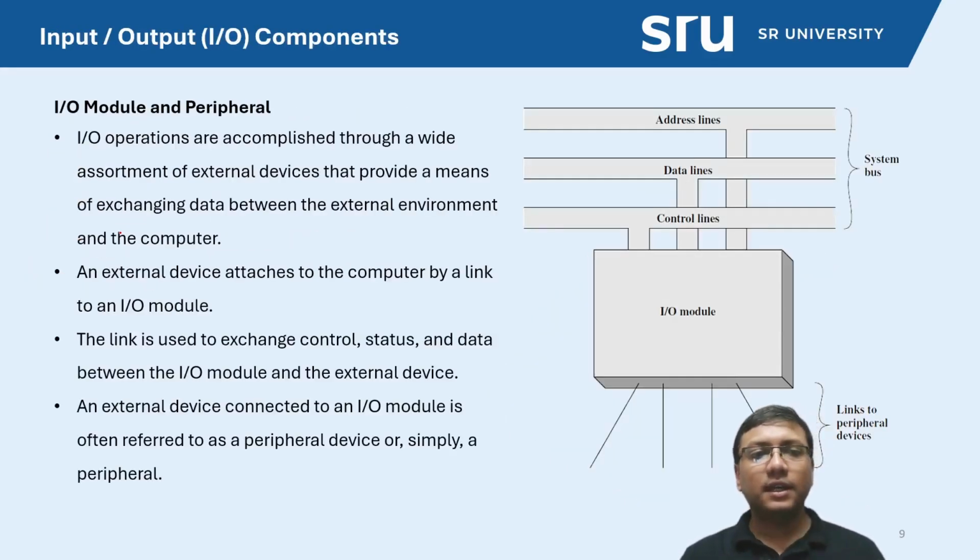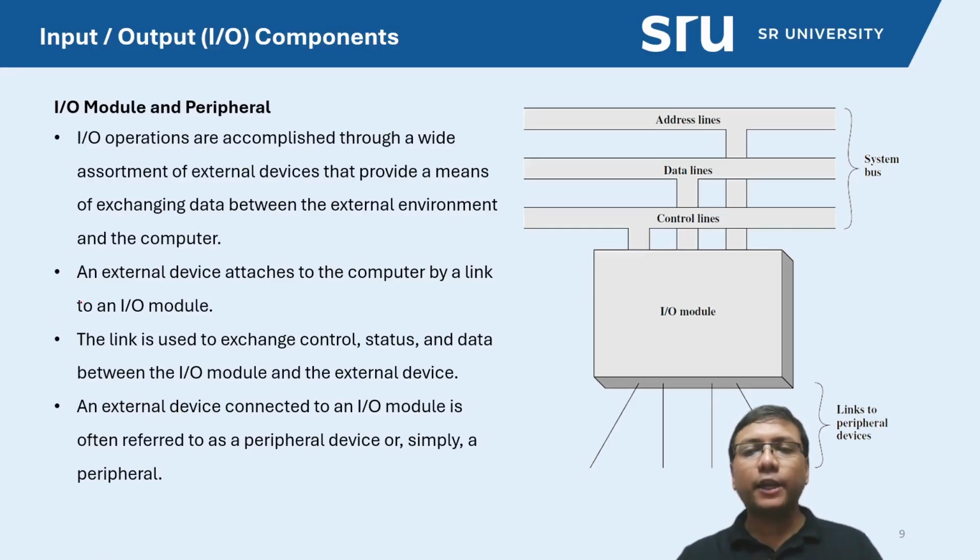Now let us come to the context of input and output components. Suppose mouse is an input device, monitor is an output device, and all are interfaced to the CPU. Now how is this interconnection possible?